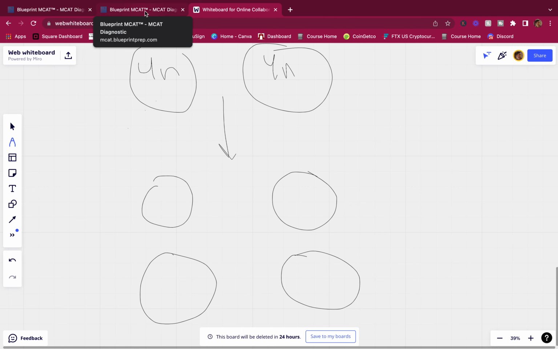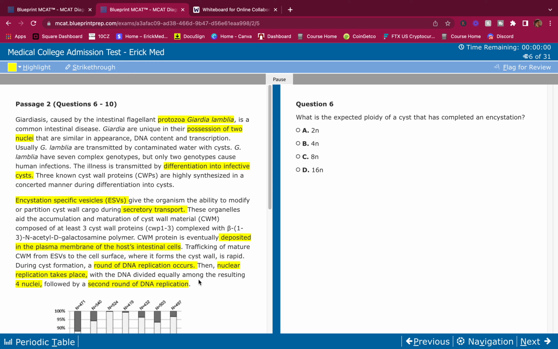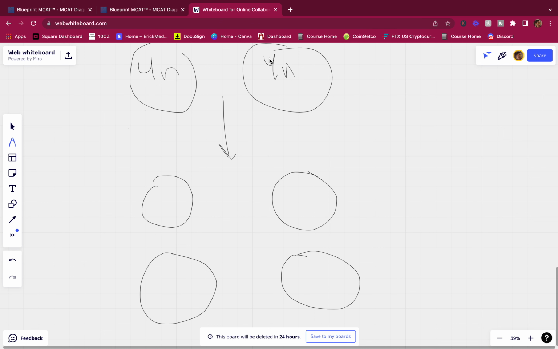And we are dividing the DNA equally among the resulting 4 nuclei. So this is our total DNA here. Our total DNA is like 8N, 8 sets of chromosomes. We have to divide this equally among the 4 nuclei.